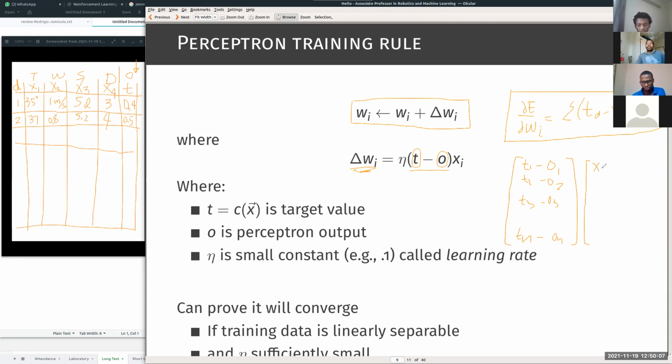Remember this xi is with respect to the d, the data there. So that means there's an xi according to the first data, an xi according to the second data, an xi according to the third data, up to the xi of the nth data.